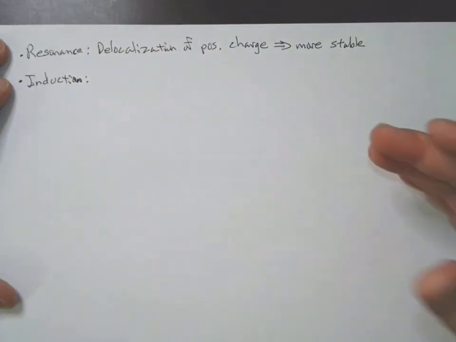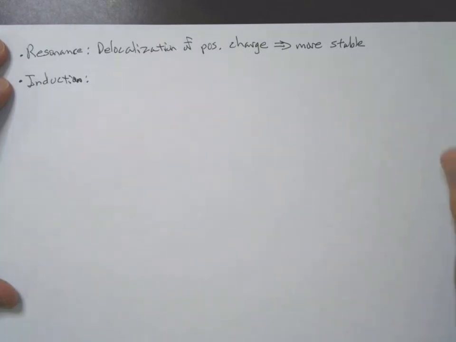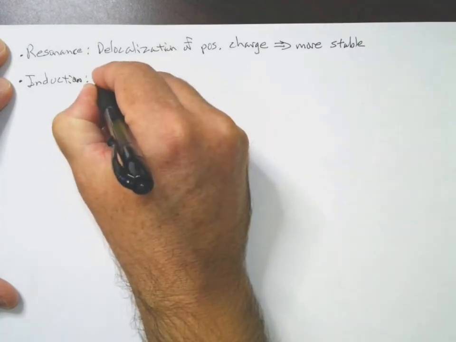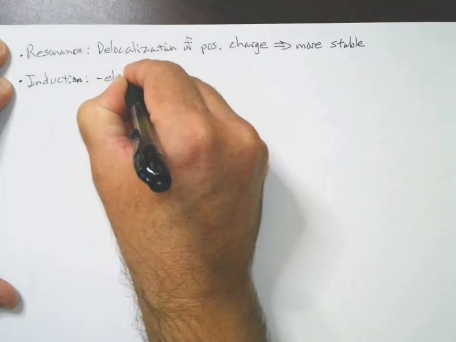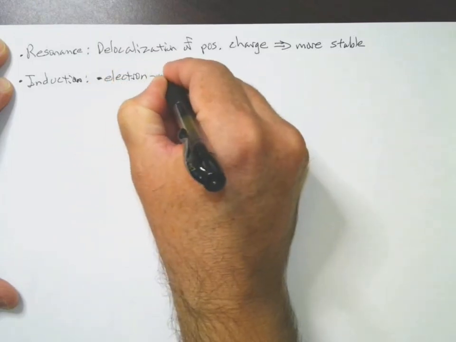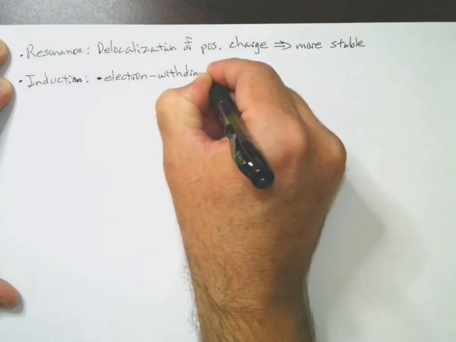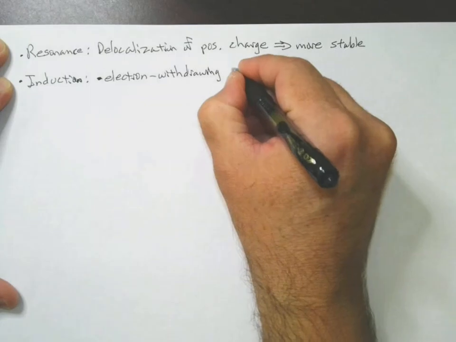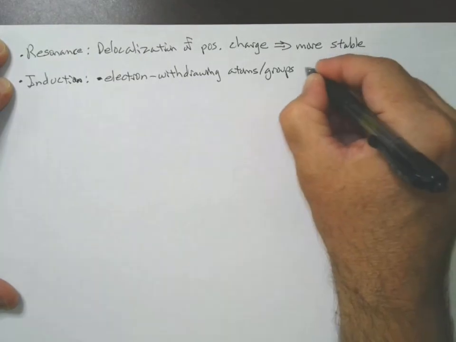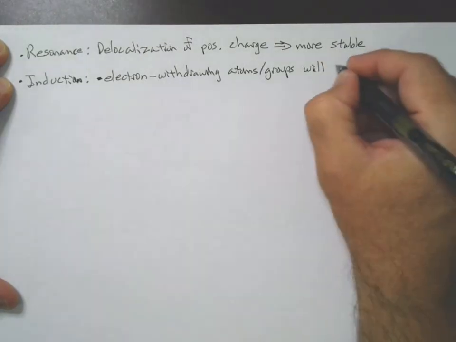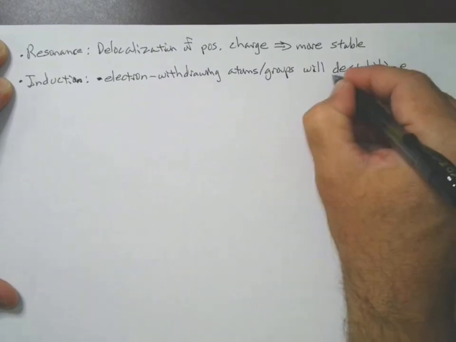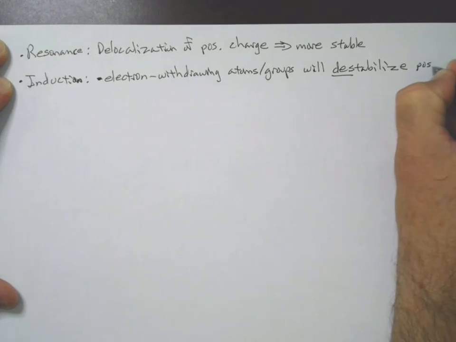And this is going to be pretty much the opposite of what we saw with the acid strength. So let's say electron withdrawing atoms or groups will destabilize the positive charge.